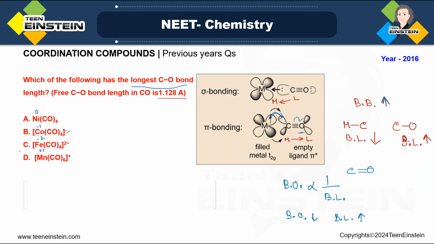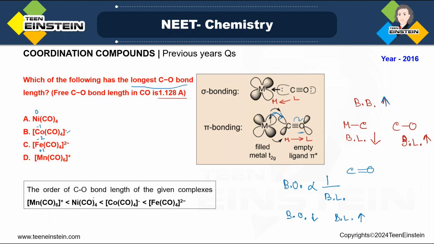But for extra information, suppose the question is asked in order form, so in the four options, different orders are there. Here CO bond length is maximum. After that, it will be this cobalt complex, because here it is -2 charge, here it is -1. Then in case of this nickel, it is 0, and only in this one it is +1.